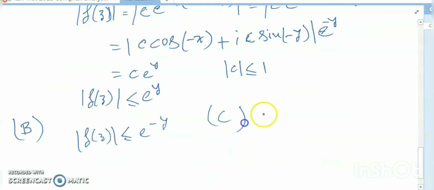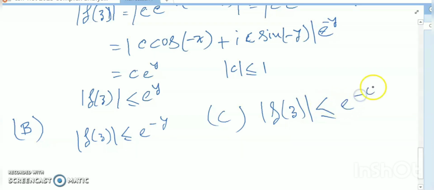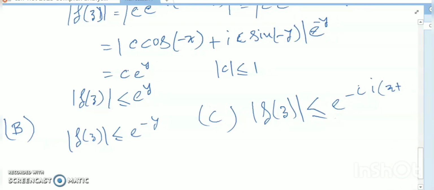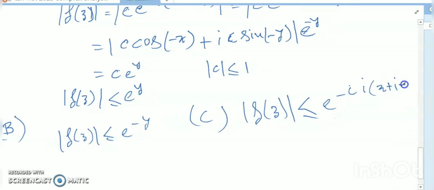For option C, mod of fz is equal to e to the power minus c i into x plus iy, less than or equal to e to the power minus c.